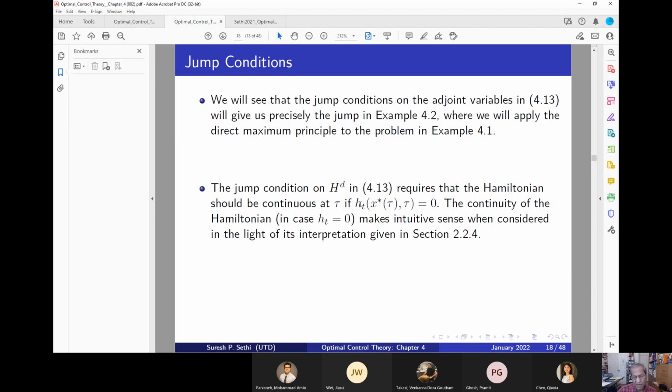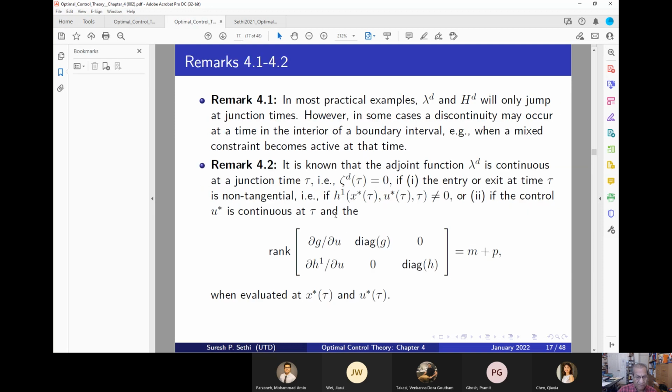We just wrote a paper on pandemic control, which got accepted in PALM maybe about 2 months ago. It has already appeared in the online version of PALM. So that's another maximum principle application that we did for the pandemic problem.